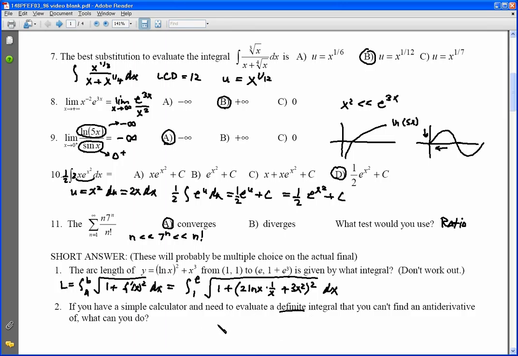You could use things like left-hand rule, or trapezoid rule, some type of an approximate integral. That's what I'm getting at there. If you can't find the antiderivative and it's a definite integral, you can always approximate.